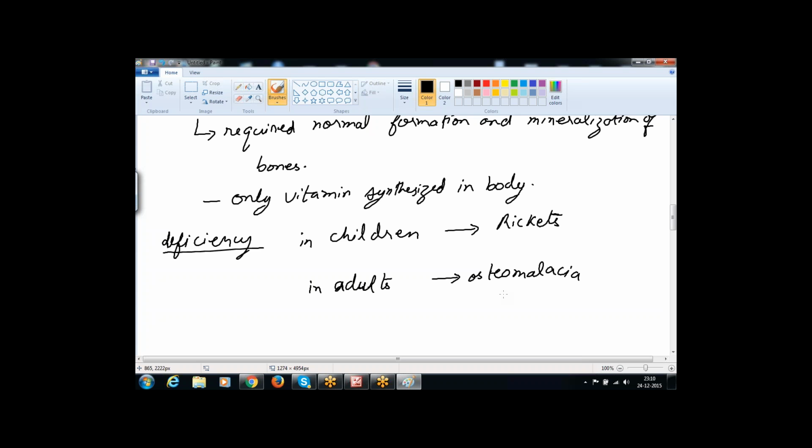Why do we have different names for the same disease? It's the same disease, then why do we have different names in children and adults? Because it is much more severe in children, and it will have a lot of complications, whereas in adults it will be relatively easy. Why? Because in children the skeleton is still forming, the bones are still forming, the child is growing.